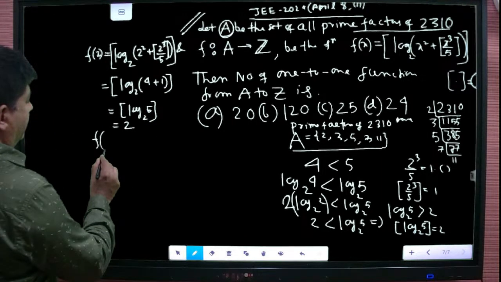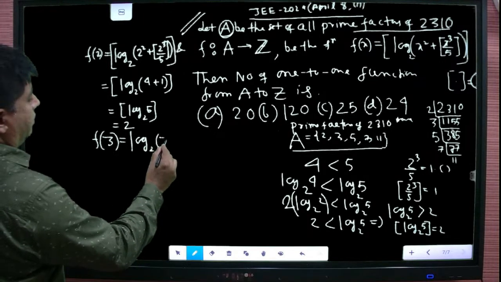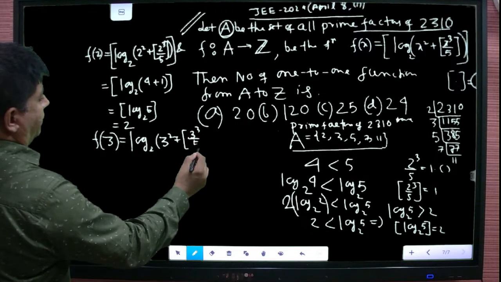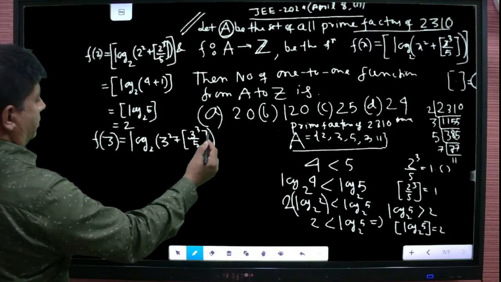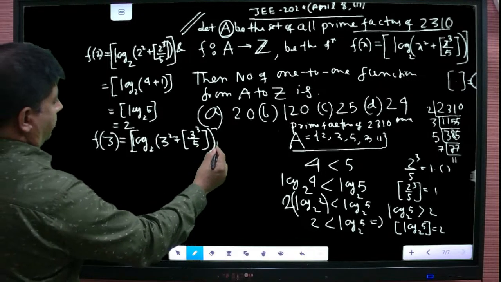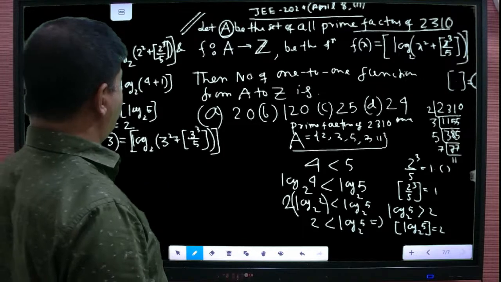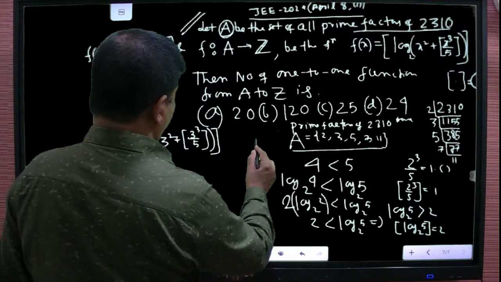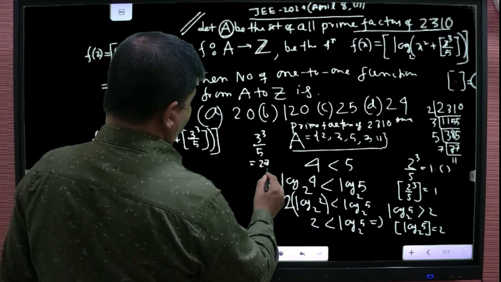F3: log of 2 to the 3 square plus box of 3 cube by 5. 3 cube means 27. 3 cube by 5 means 27 by 5.